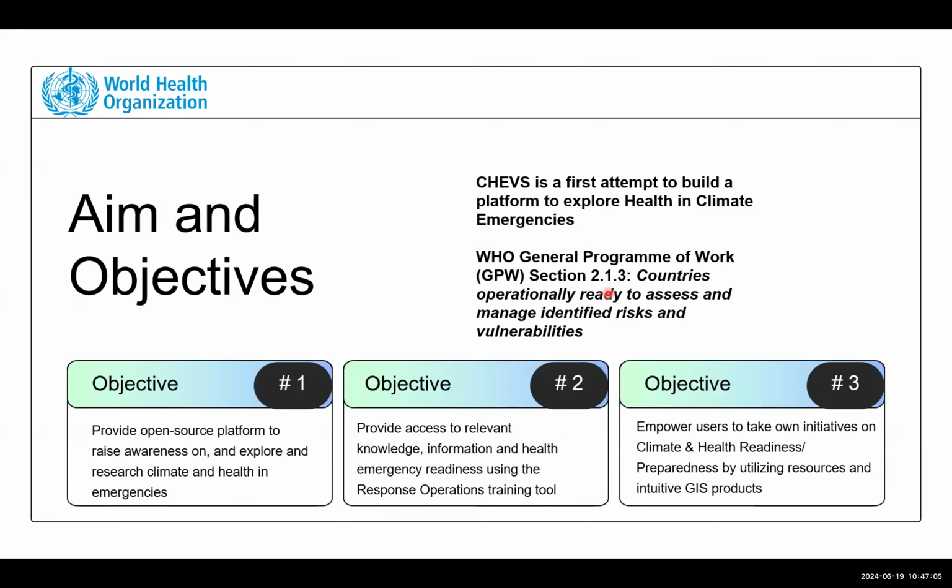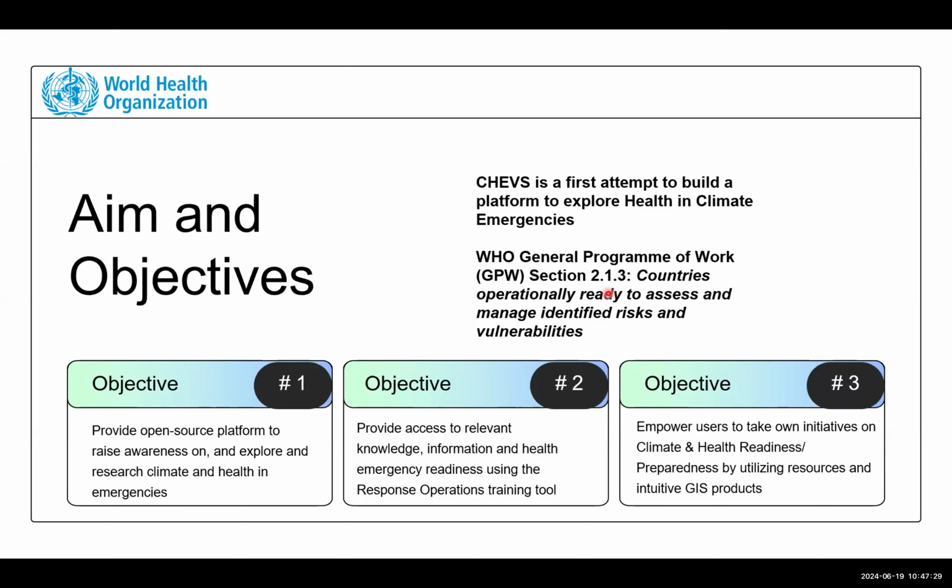And the main objectives, as I was trying to mention, was to use open source data, which would also be available to everyone, to be able to explore basically whether it's research related information and also climate related information and health related information in health emergency settings.